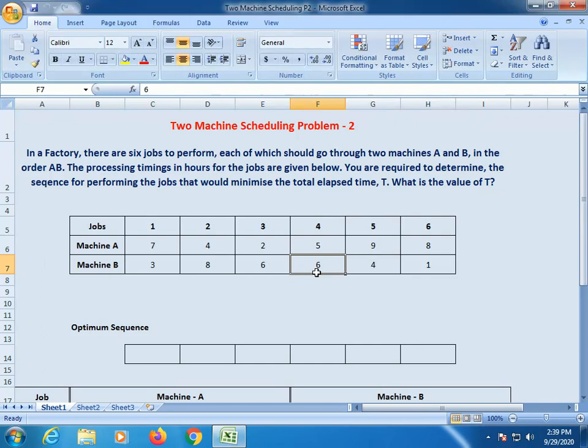Then that job 4 will become complete. So this is the problem.